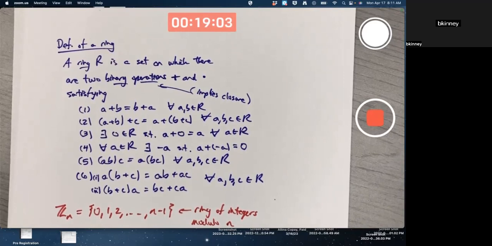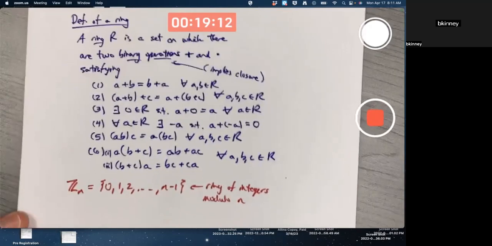The most basic is existence of a one, a unity. Yeah, and you do want fields to be commutative.